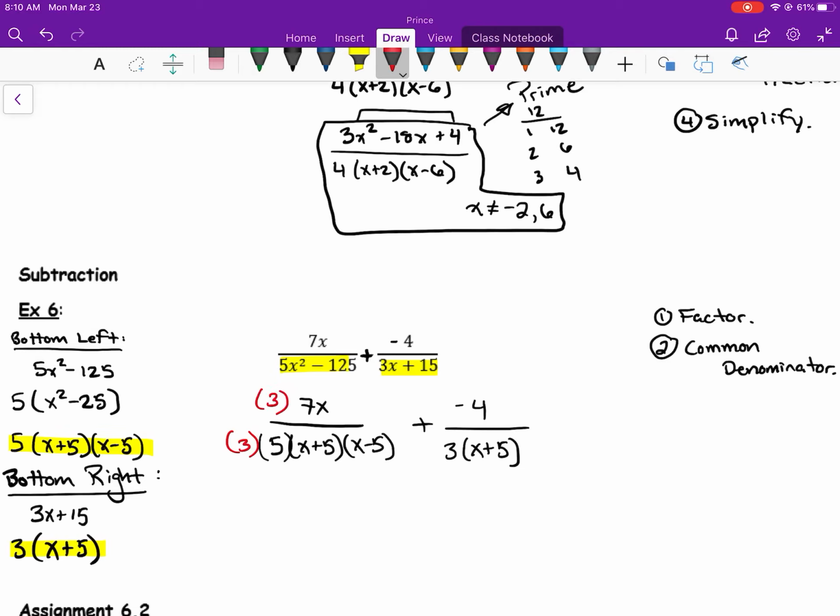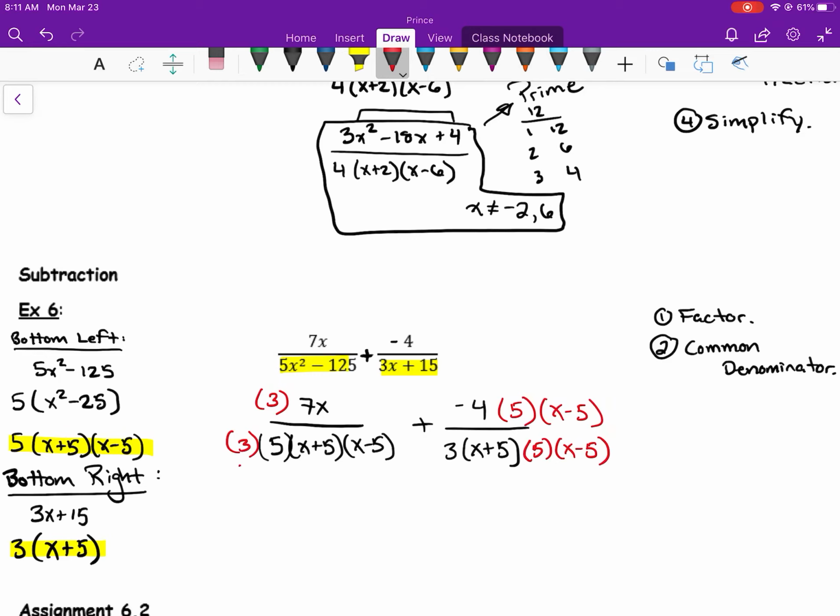Right-hand side, don't forget to multiply to the top. Right-hand side is missing a 5. So multiply 5 on the top. Has a 3, has the x plus 5. And also notice it needs the x minus 5. There we go.